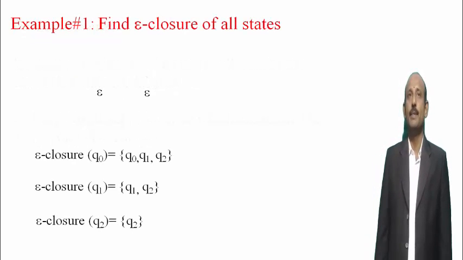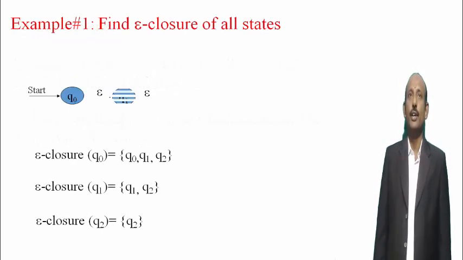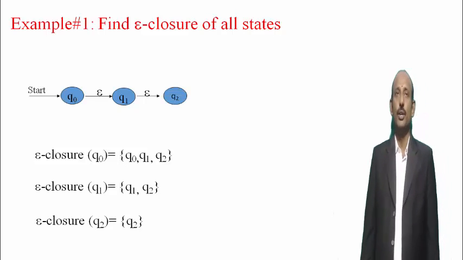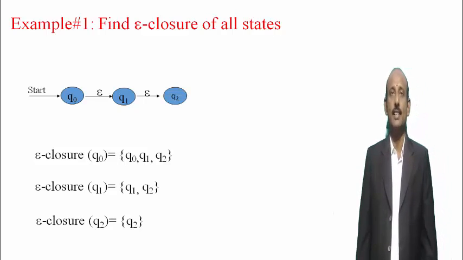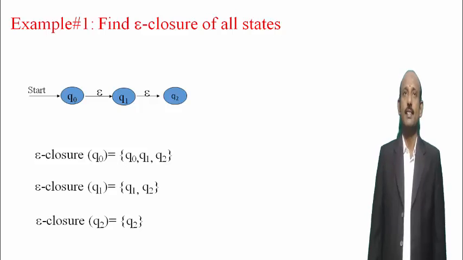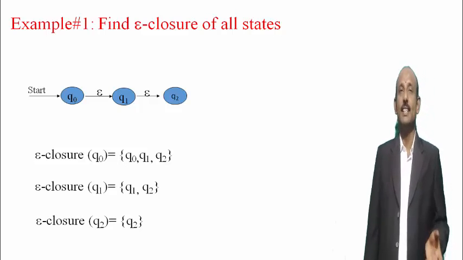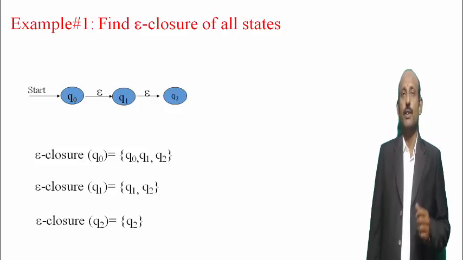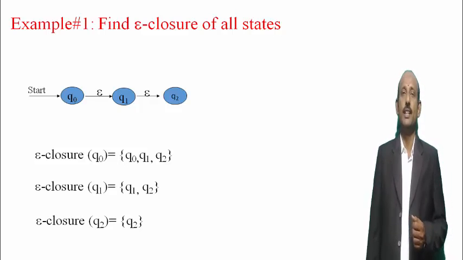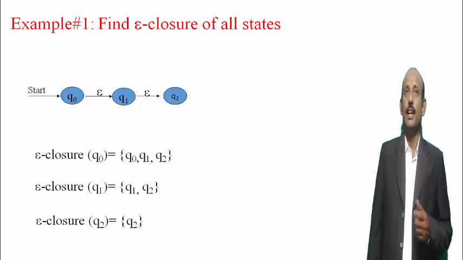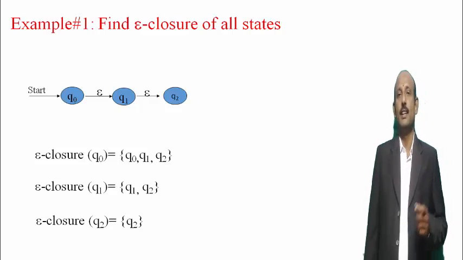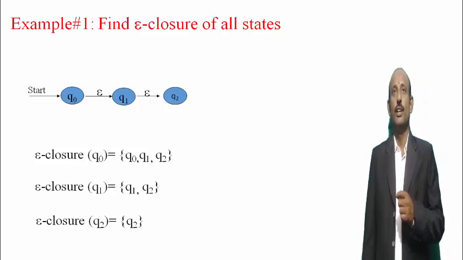In this finite automata, there are three states: Q0, Q1, Q2, where Q0 is the starting state. We can make the transition from Q0 to Q1 using the input epsilon. Likewise, Q1 makes an epsilon transition to Q2.